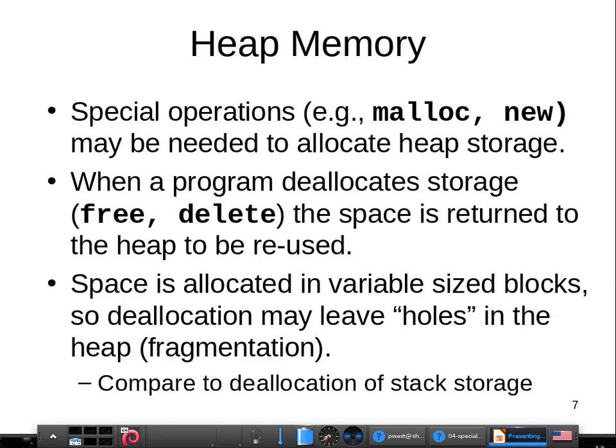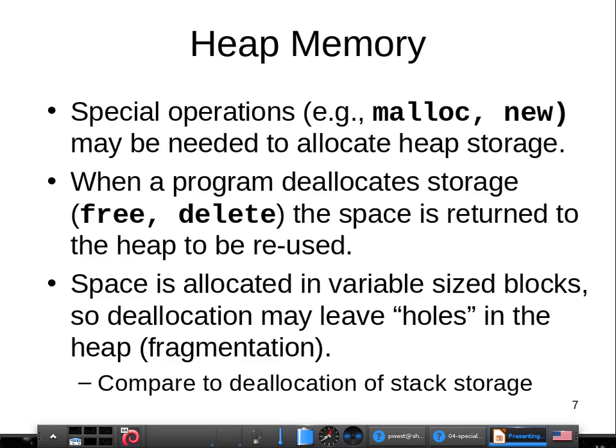Let's say I want to allocate memory for 150 integers. Is there 150 integers of deallocated space? Yes, there's 100 here and 100 there. Can I allocate an array of 150 integers? No, I cannot.